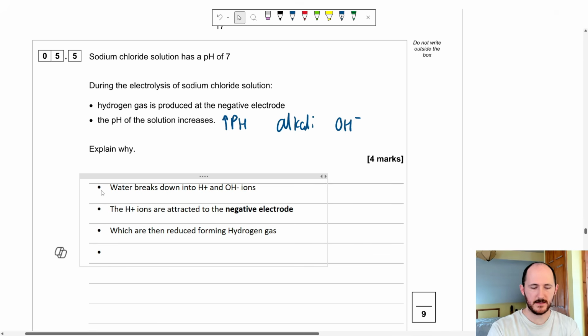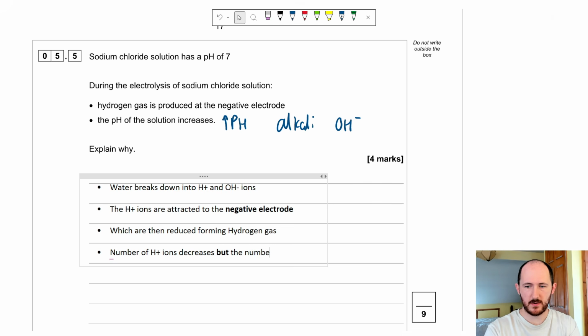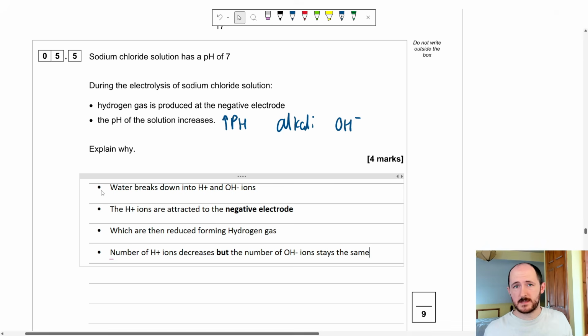Well, that means that the number of H plus ions decreases, but the number of OH minus ions stays the same, right? Because they're not reacting. So that means, relatively speaking, there are more OH minus ions, which means we're increasing the alkalineness, the pH of the solution.